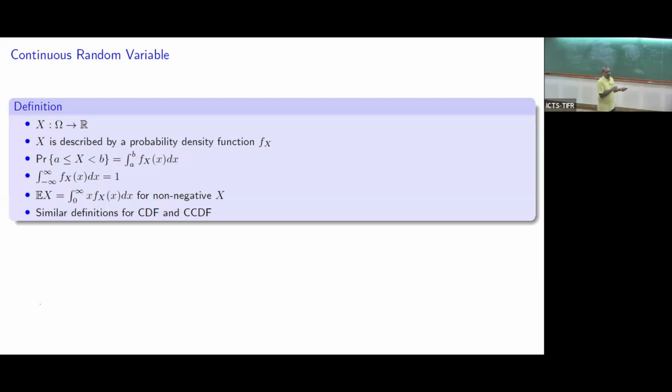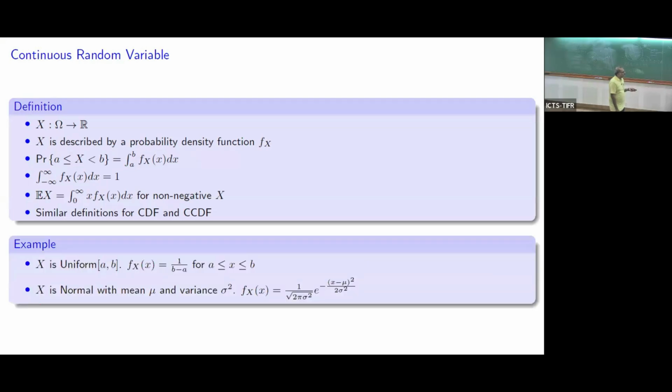Instead of using probability mass functions, once you come to continuous random variables, you have to talk about a probability density function that, if you integrate over some interval, gives you the probability of the random variable taking values in that interval. That is the difference. There are again some properties that this density function needs to satisfy, and there are some examples of continuous random variables.